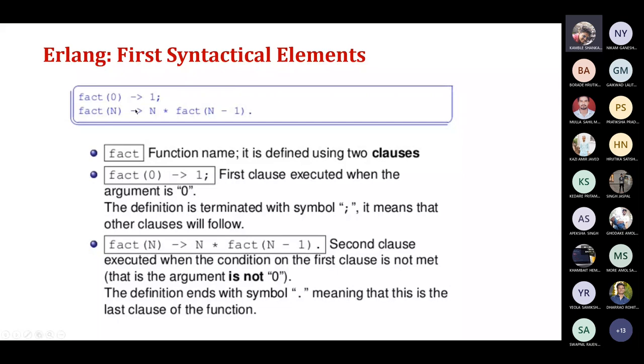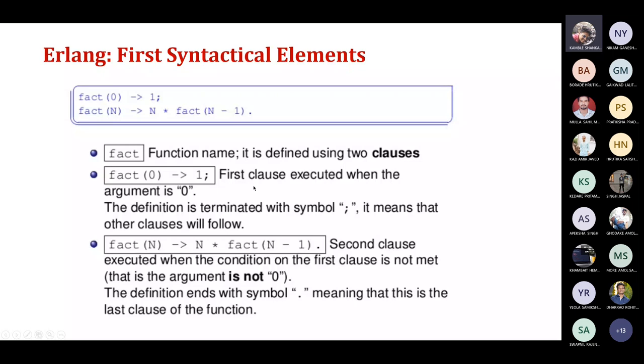So we'll just try to understand what this is. We had written fact of 0 is 1 and fact of n is n into fact of n minus 1. So this fact is the function name. It is defined using two clauses. This is the first one, this is the second one. Now fact of 0 and arrow 1. So this is how you write it for assigning it.